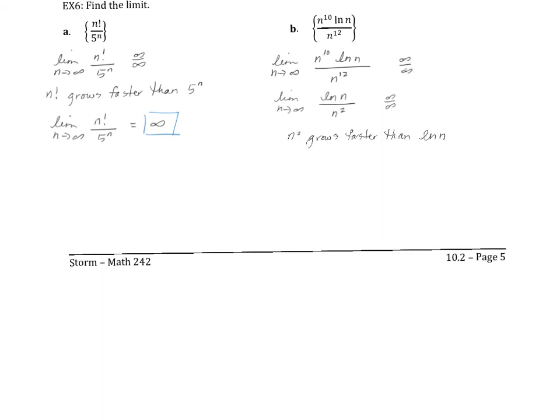Natural log actually grows the slowest out of all these. So this limit as n goes to infinity of natural log of n over n squared is going to be equal to 0.